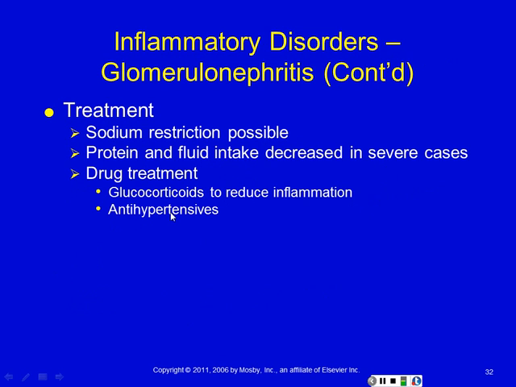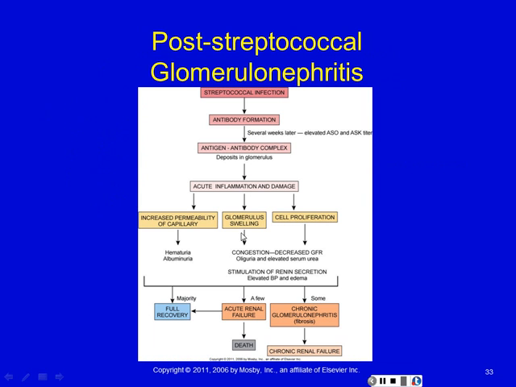So if they're hypertensive, we treat their hypertension. If they're dehydrated, we treat their dehydration. We may limit their sodium intake so that the kidneys have less to do. The lower the sodium in your diet, the less fluid your kidneys have to get rid of. And then we can also replace the protein that's lost with albumin.